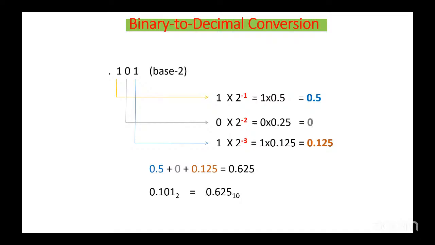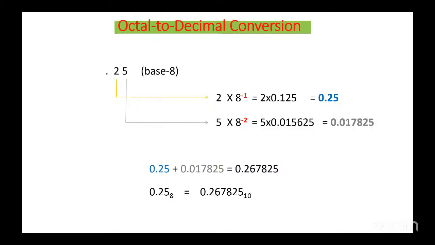The thing is, whatever number you are converting into decimal, you need to consider that number's base. Take 0.25 octal. Octal means base 8. So 8 power minus 1 is 1 by 8, 8 power minus 2 is 1 by 64. So you get the decimal.